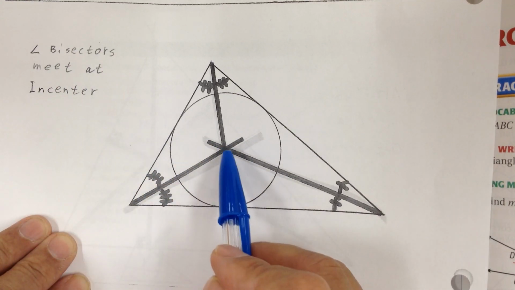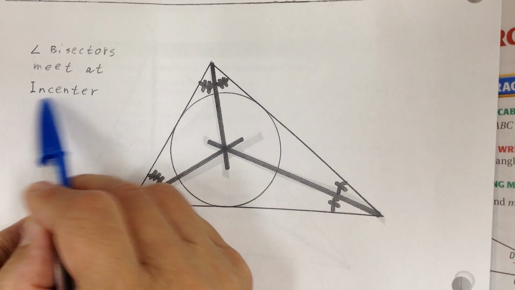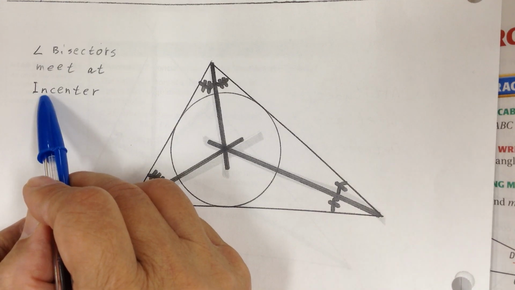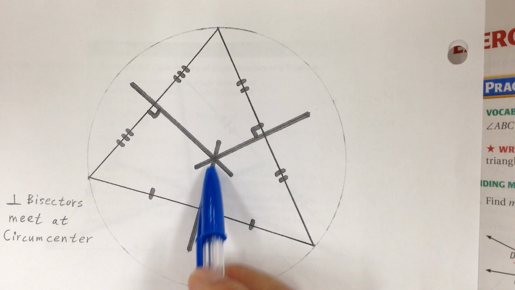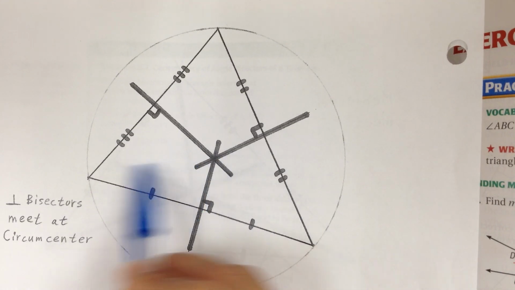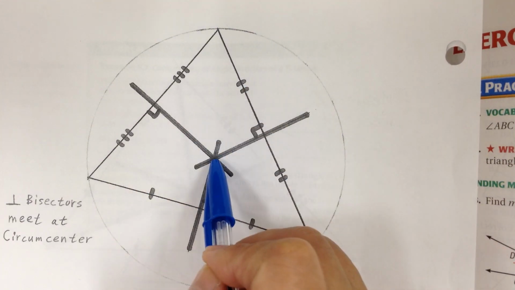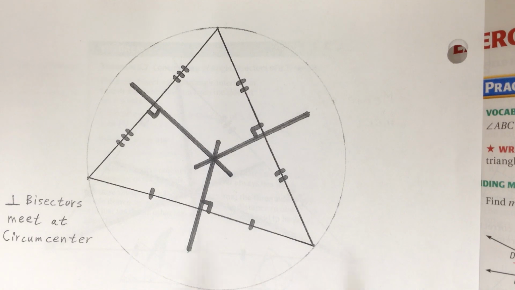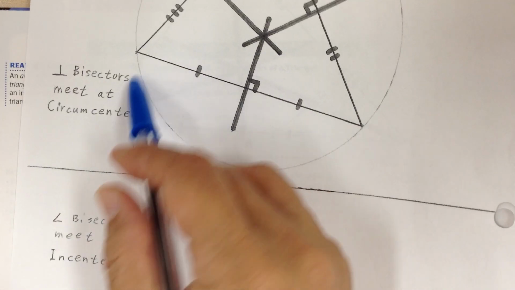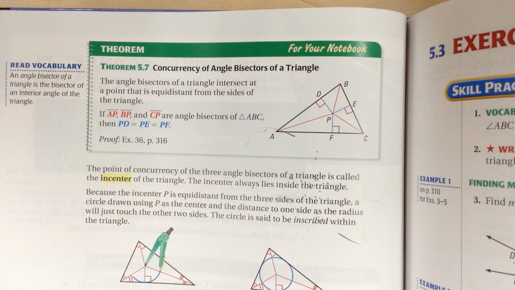It is called the incenter because this is the center of the inscribed circle. Whereas the perpendicular bisectors are equidistant to the vertices, so that becomes the radius of the circle on the outside. So make sure you are aware of the significance of those bisectors.